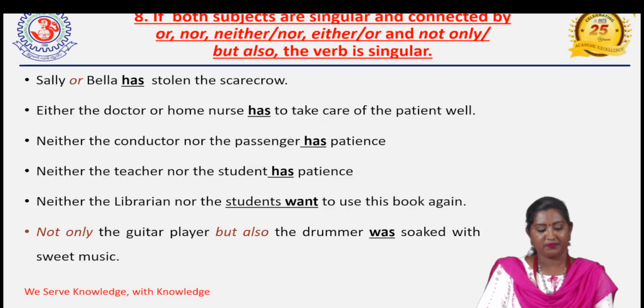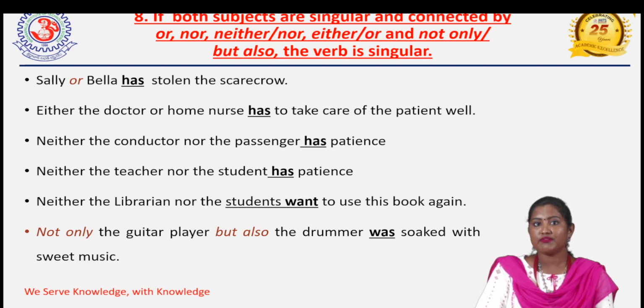Next rule. Okay. If both the subjects are singular and connected by or, nor, neither nor, either or, not only but also. So many people will be saying that this is the grammar rule we are supposed to follow. For example, either or, neither nor, not only but also.